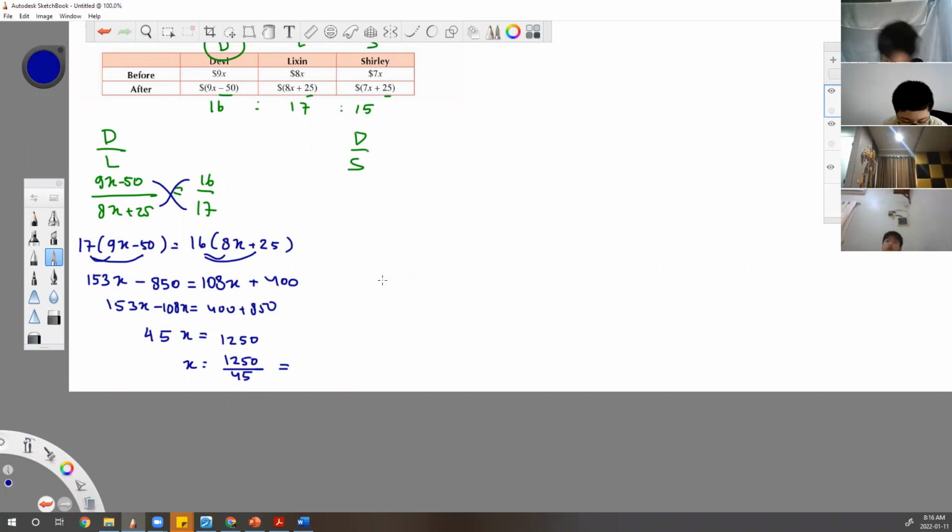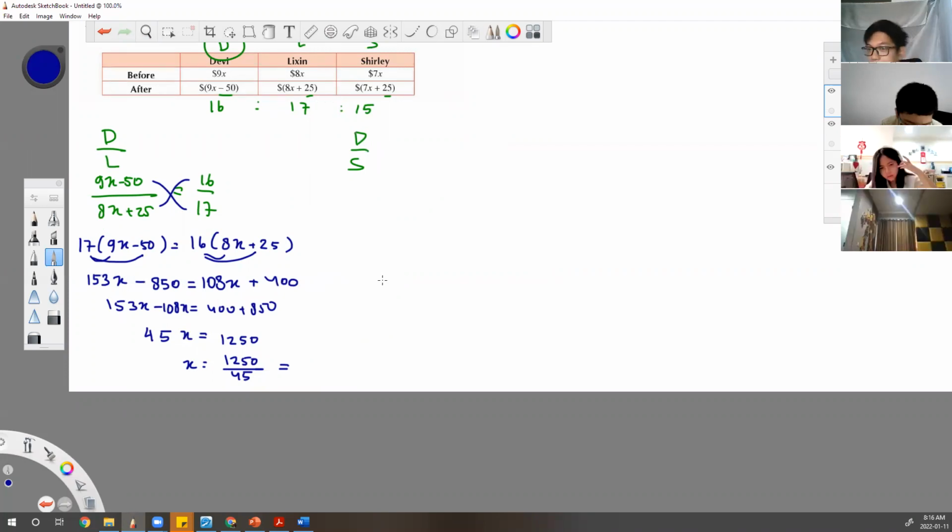Siapa aja? Masa tunggu-tungguan. Karena hitungan gini gampang. Ayo guys. 250 out of 9. Berapa? 250 out of 9.